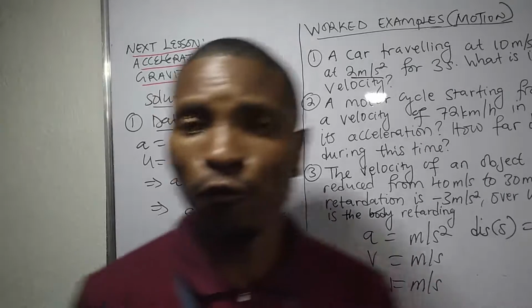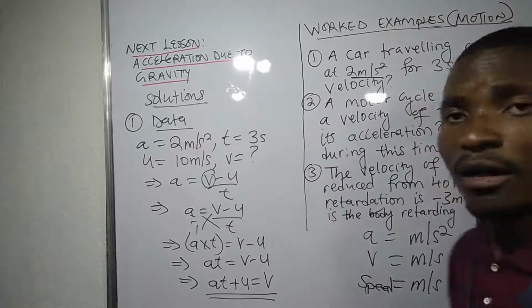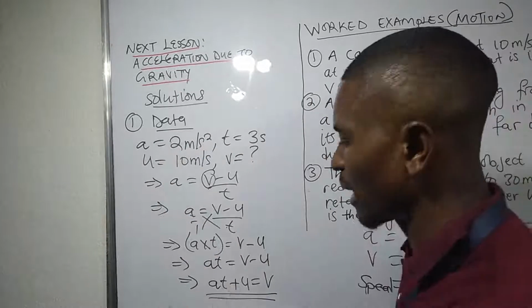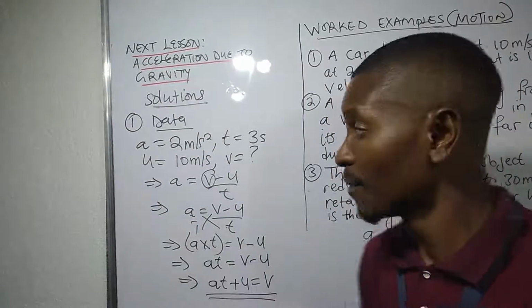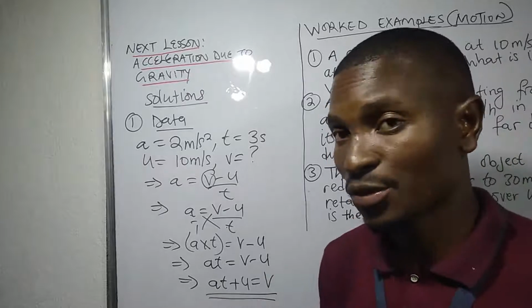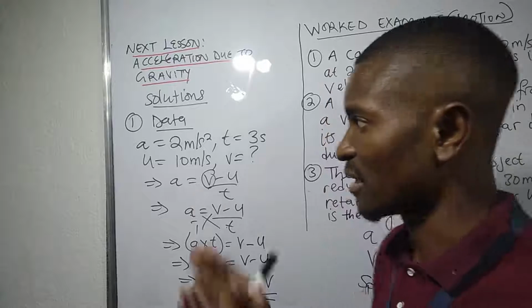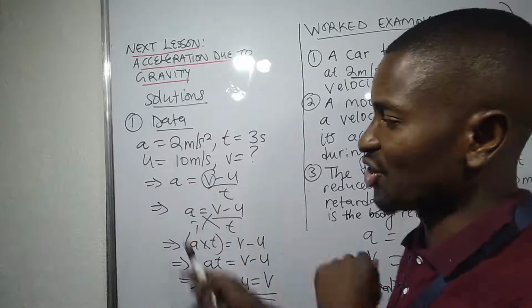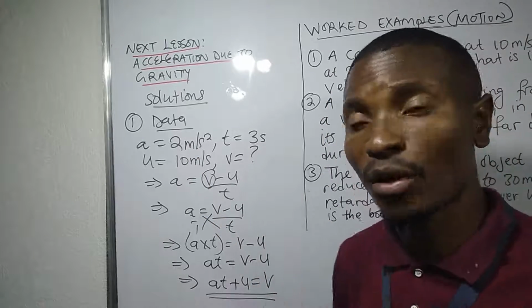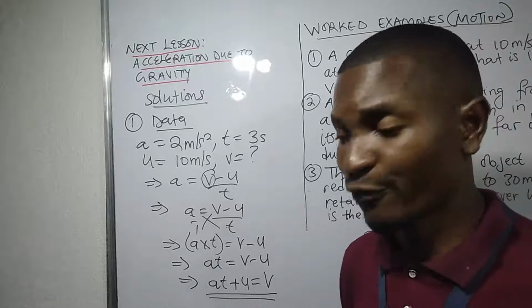For some of you, maybe you are wondering why I'm doing this. The question is not direct. It is asking me to find the final velocity, not the acceleration, so I'm supposed to make v the subject of the formula.